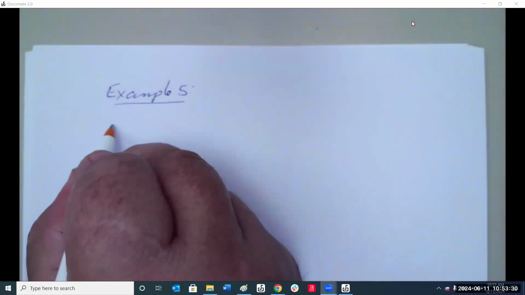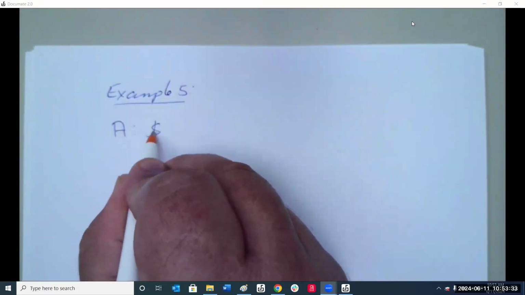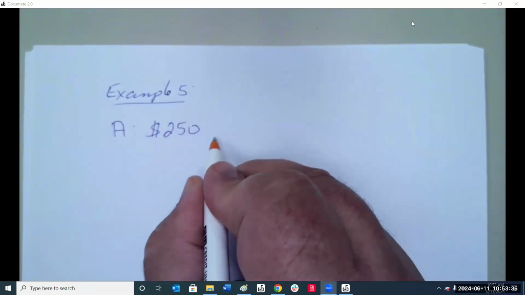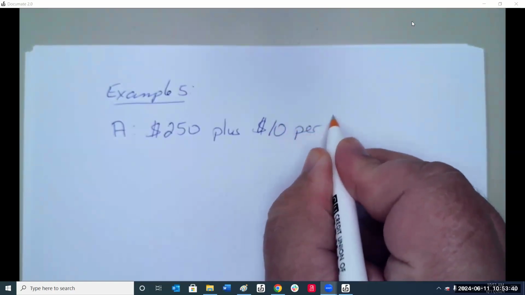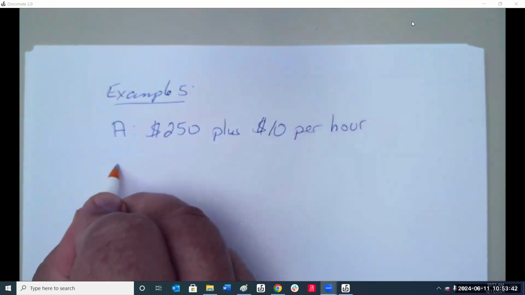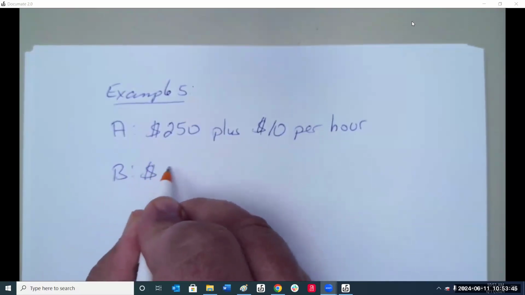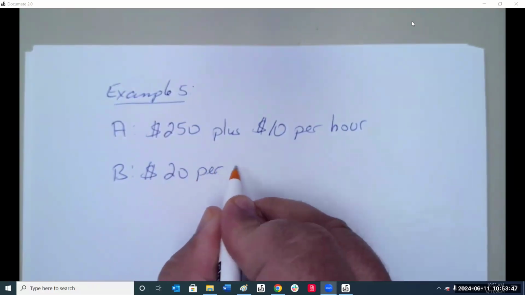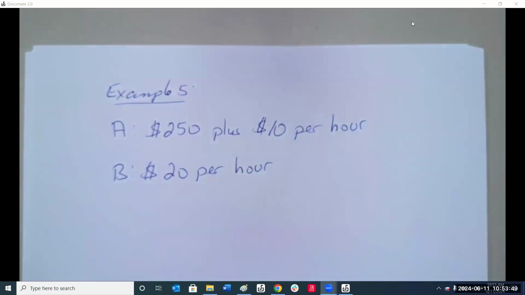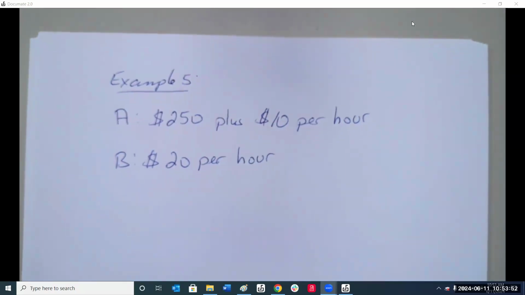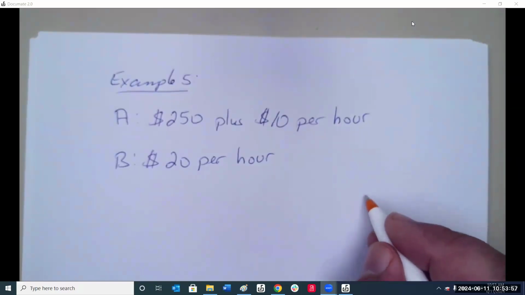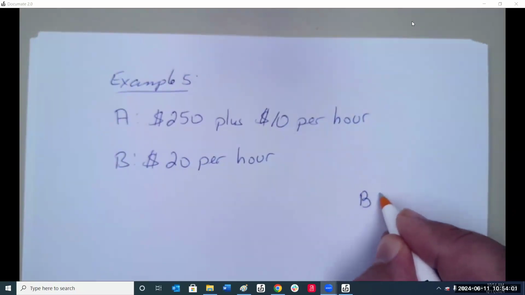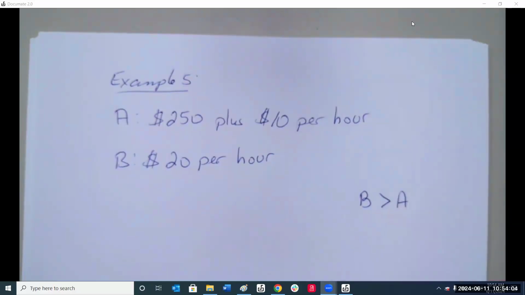So we have plan A says $250 plus $10 per hour. Plan B is $20 per hour. For what values of N is B better than A? In other words, what we're looking for here is this. When is B greater than A?